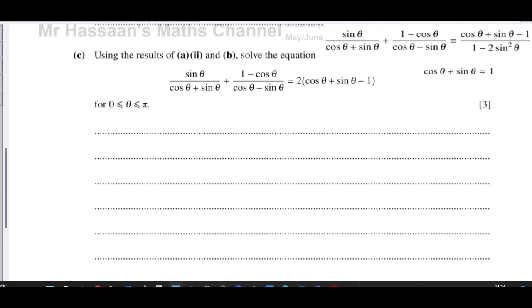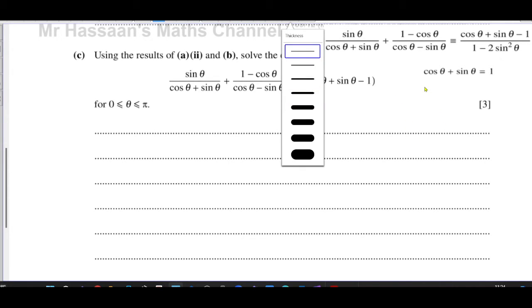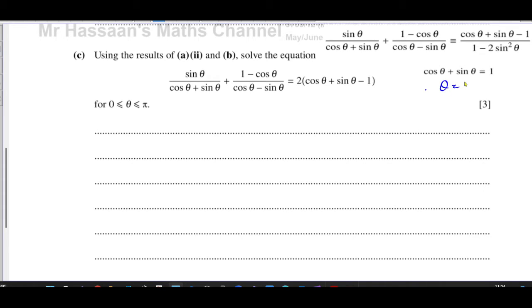And from here we found that the solutions, between 0 and pi, were 0 and pi over 2. So here theta was 0 and pi over 2.